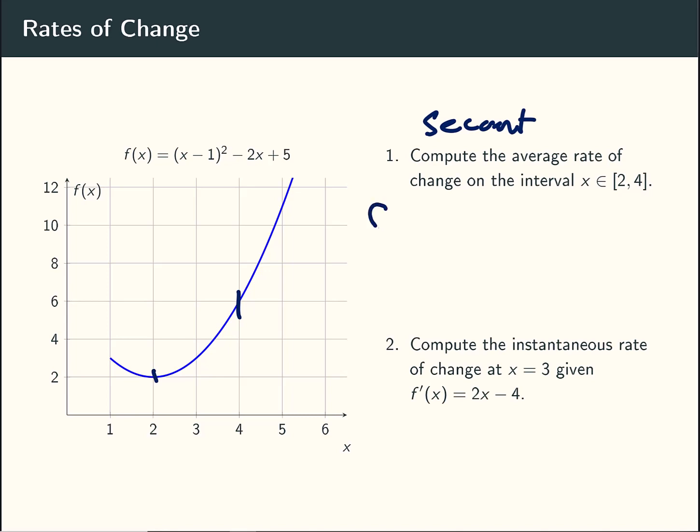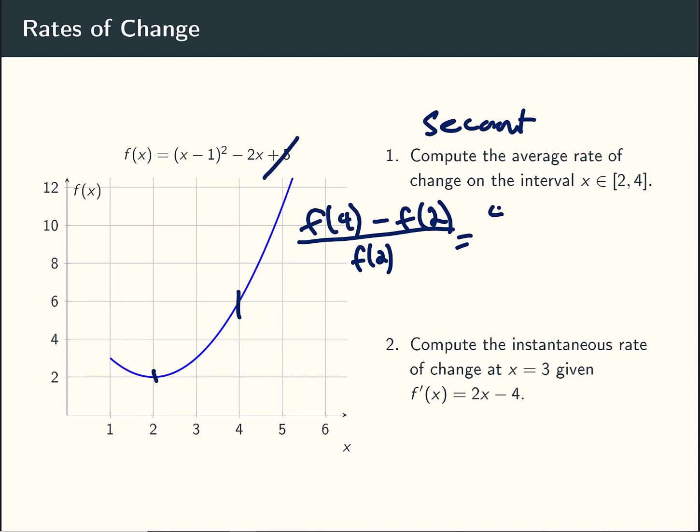I'm just going to take f of 4 minus f of 2, and then I'm going to divide by f of 2. Now I haven't given myself a lot of room to write out all the computations, so why don't we take a little bit of a shortcut. I don't need to worry about the intercept there, so we can get rid of that.